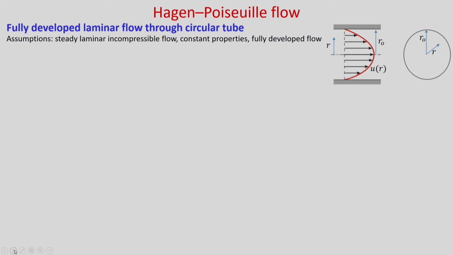Now we will consider fully developed flow inside a pipe. This flow is known as Hagen-Poiseuille flow. You can see this is your axial direction x, and the radial direction is r, and we are considering axisymmetric flow. That means that in the circumferential direction, in the phi direction, there will be no variation of any variable.